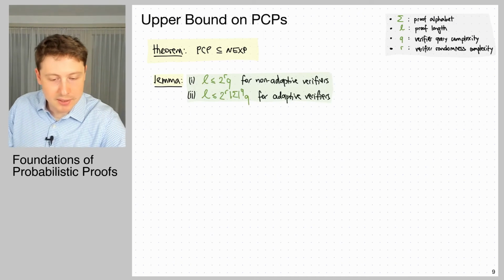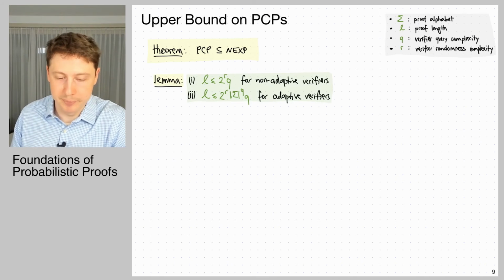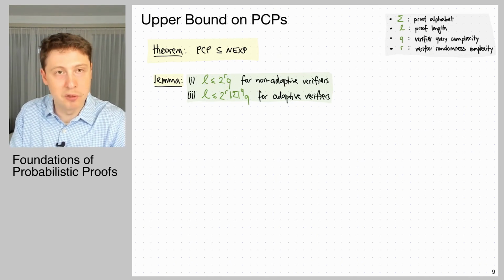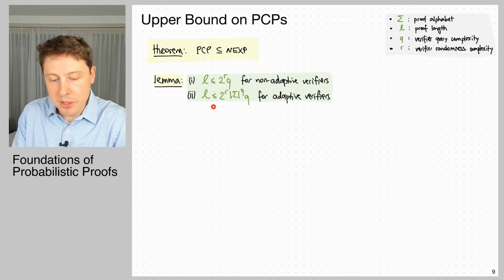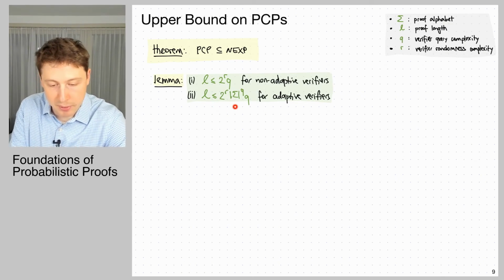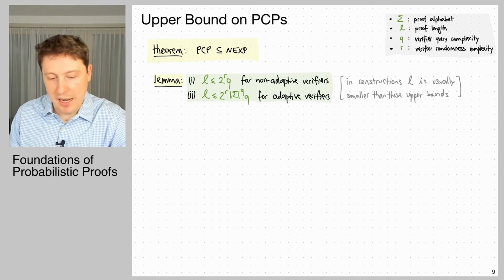The first one is that without loss of generality, the proof shouldn't be too long. Specifically, if your verifier is non-adaptive, then there's no need for the proof to be larger than 2 to the r times q. And if you have an adaptive verifier, then there's no need for your proof to be longer than 2 to the r times size of the alphabet to the q times q. And these are just counting.